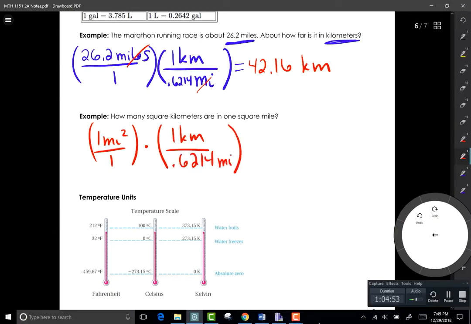But because I want my miles to be squared, I'm going to square this whole thing. So in my calculator, I'm going to put 1 over 1 in parentheses times 1 over 0.6214 squared. And when I square that and multiply it by the 1 over 1, I'm going to get 0.386 miles, and that's going to be squared.